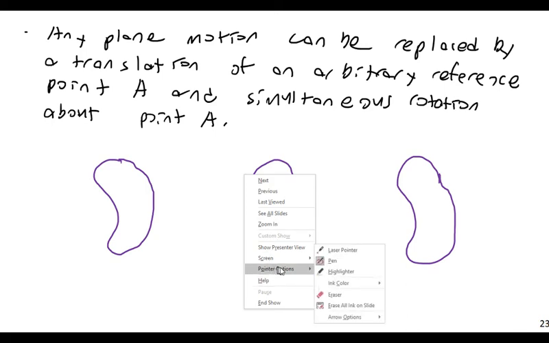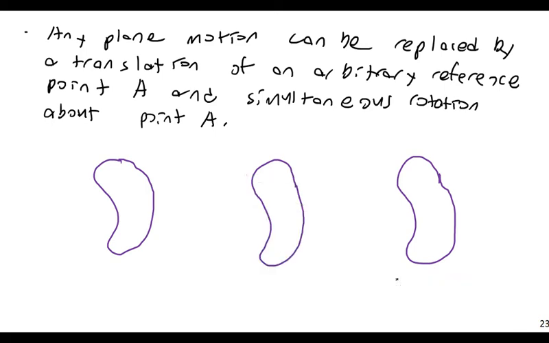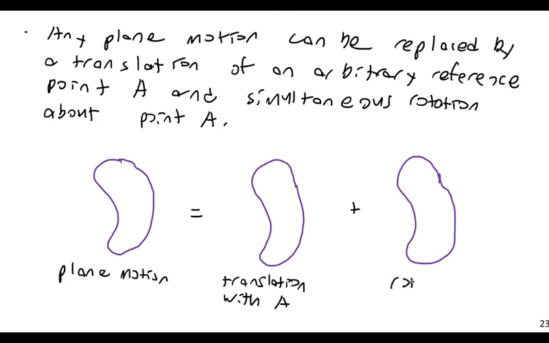And I'm going to say plane motion equals plus plane motion, translation with A, plus rotation about A.